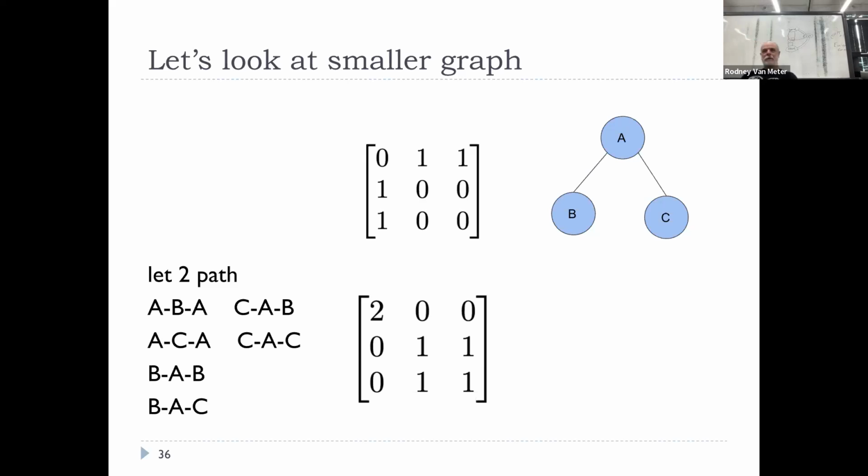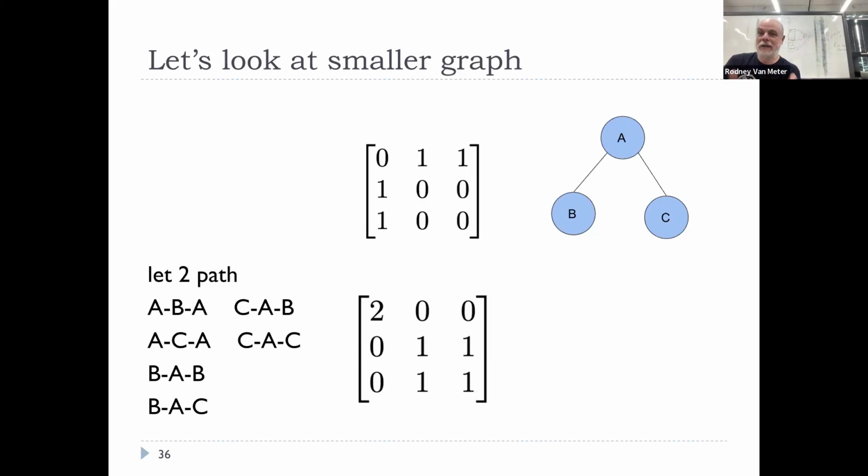Well, to get from A back to A, the one way we can do this is by going from A to C and then back to A. The other way is by going from A to B and back to A. So if you look at the lower graph, that 2 in the upper left-hand corner, that's the AA entry in the matrix.